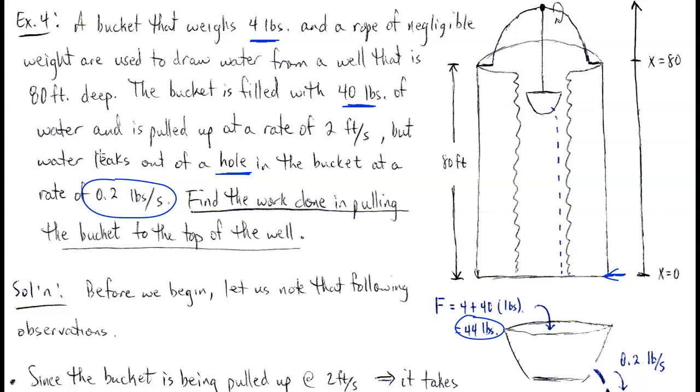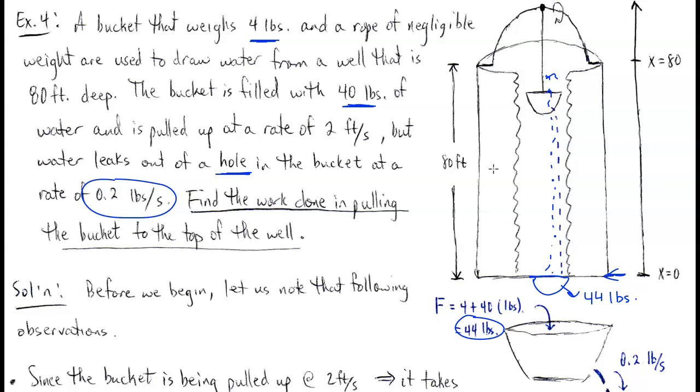Now, before we begin this problem, let's just look at some common sense things. Let's say we had this bucket and there was no hole in the bucket. Then of course we would have this 44 pounds that we would have to pull all the way to the top of the well, and the force, or the weight, of that bucket would be the same as you continue to work to get it to the top.